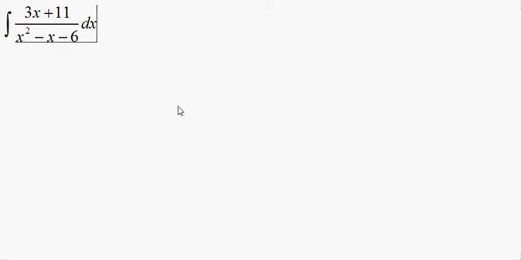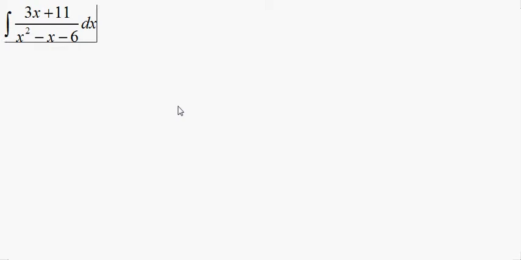So you can't do any u-substitution. Nothing will work really. Well, I'm not going to say nothing will work because I didn't go into extensive detail, but the standard method for doing these types of integrals is partial fraction decomposition.